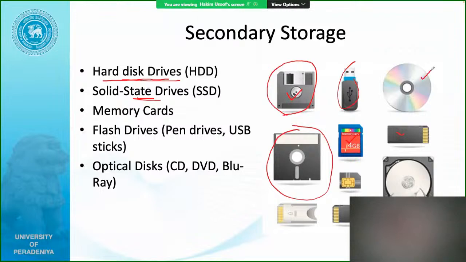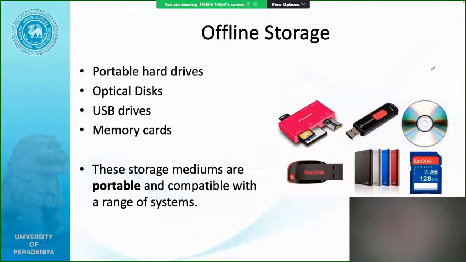And these are your optical discs because they use laser light to read the content on the drive. So these are your secondary storage. And things that are portable, like your external hard disk, your DVDs, your memory cards, your pen drives, they're all offline or portable storage.